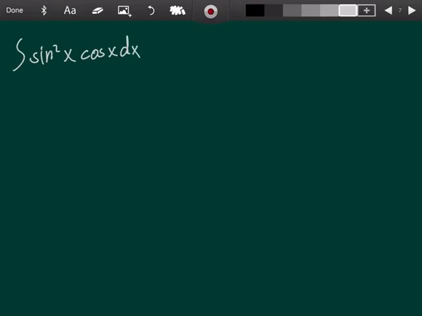What is the substitution rule, class? If n is odd, we are going to use u as sine x. So what is the du of sine x? It is cosine x dx.